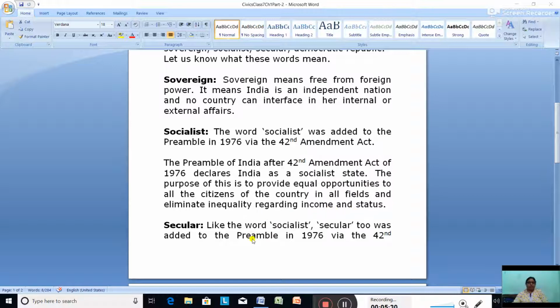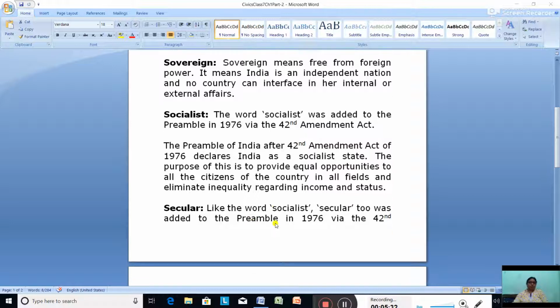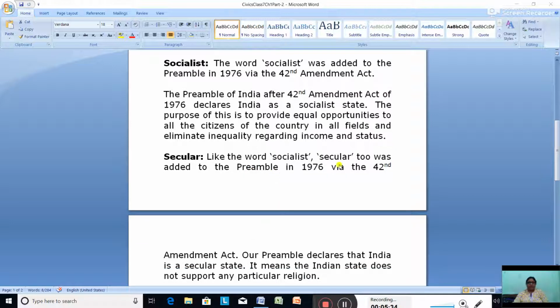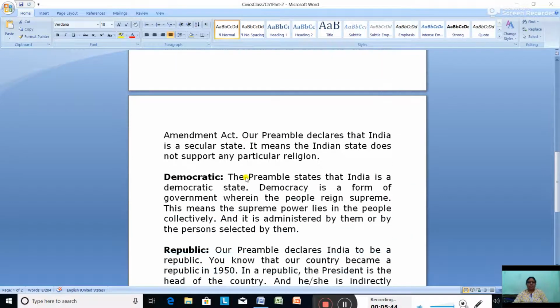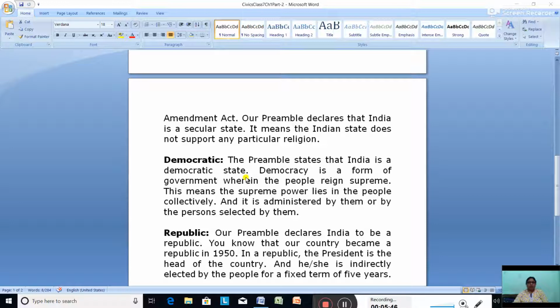The next word also added to the preamble in 1976 via the 42nd Amendment Act was secular. So India became a secular country. The preamble declares that India is a secular state.